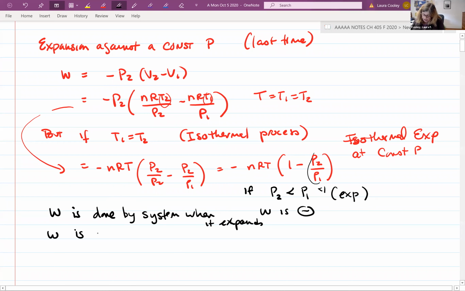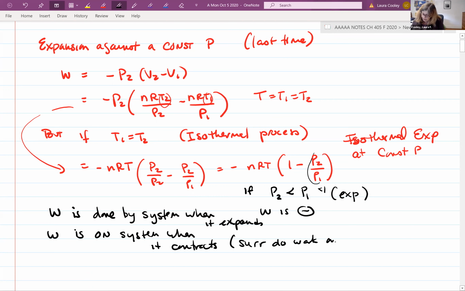And you would say work is done on the system when it contracts. So that would be the case if P2 is greater than P1. Then the surroundings would be doing work on the system, in a contraction, in a compression.